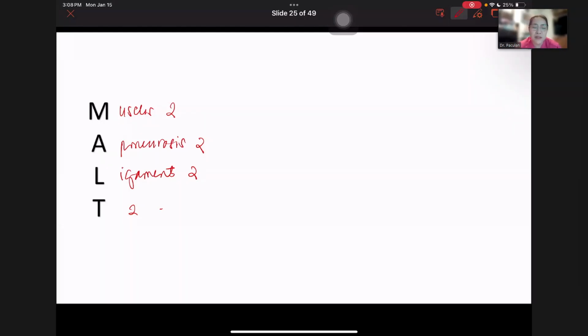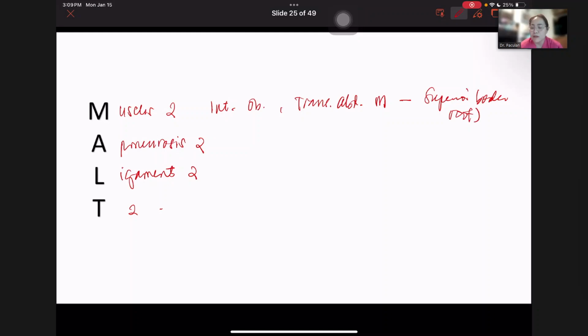You have two muscles, the internal oblique and the transversus abdominis muscle. You can call this the superior border, or the roof of the inguinal canal.